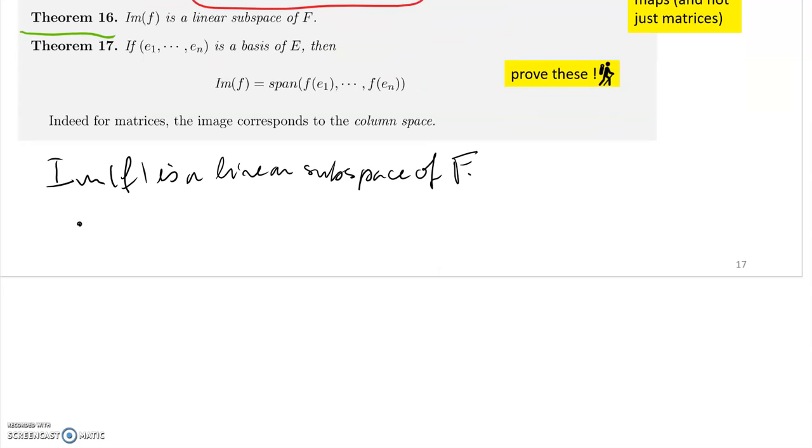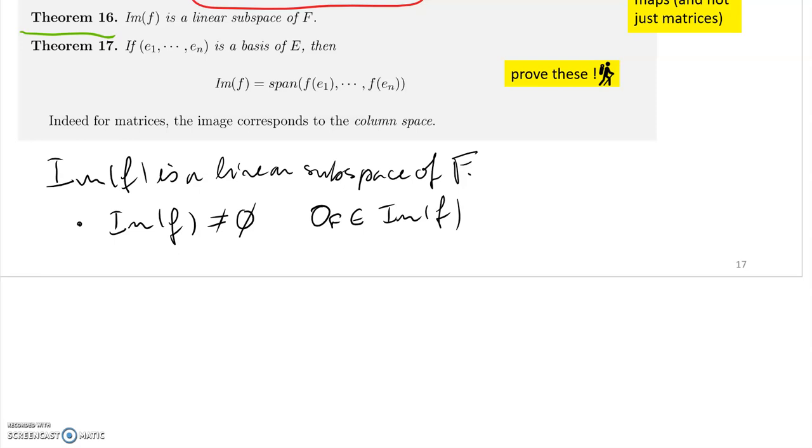First thing, it's not empty. Usually you try the zero item, and we already know that 0F belongs to the image of f.